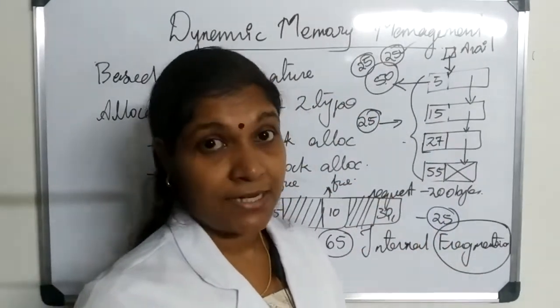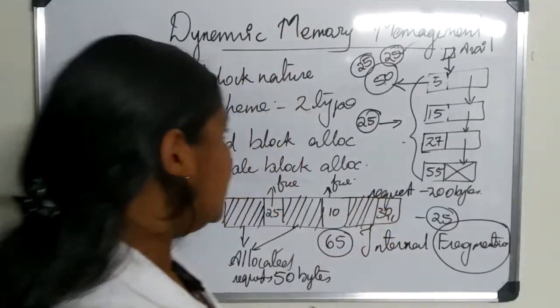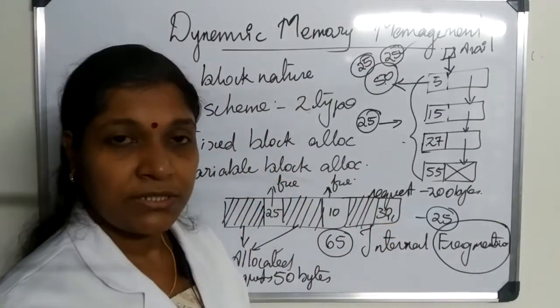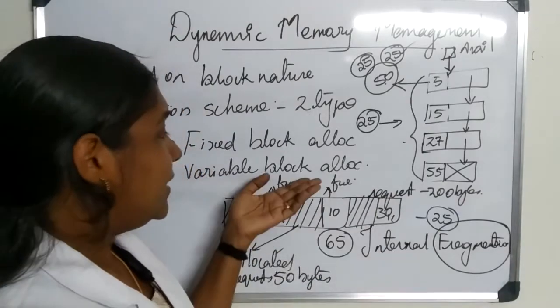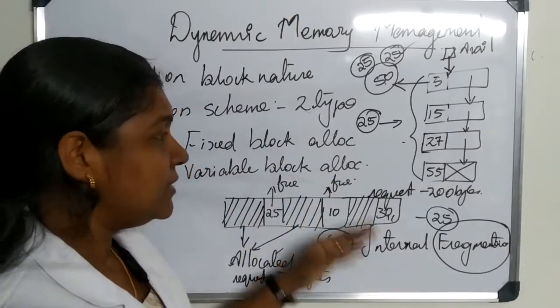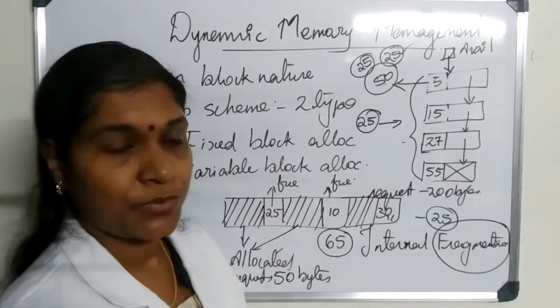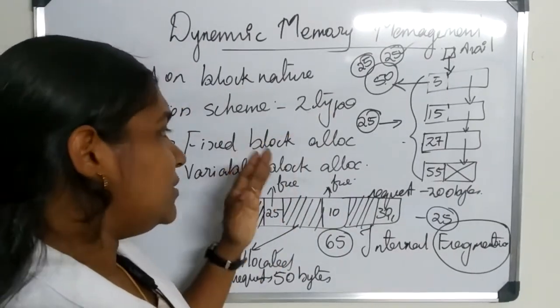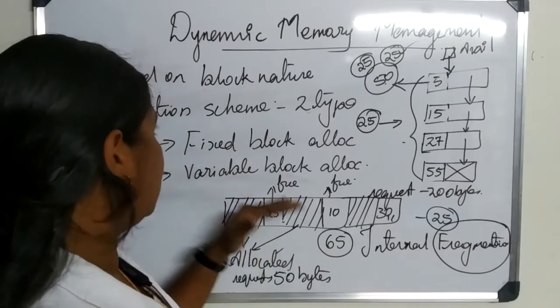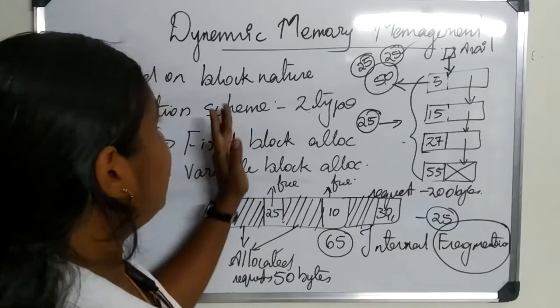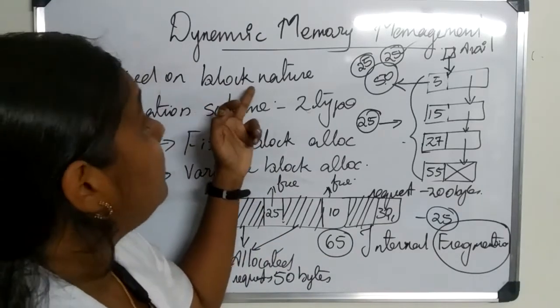That creates an internal fragmentation. In the variable block allocation method, the allocation and deallocation methods used will be the variable block allocation and deallocation algorithms. So these are the two allocation and deallocation strategies based on the block nature.